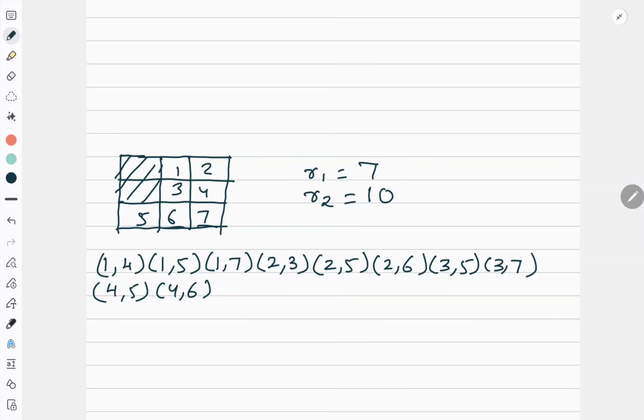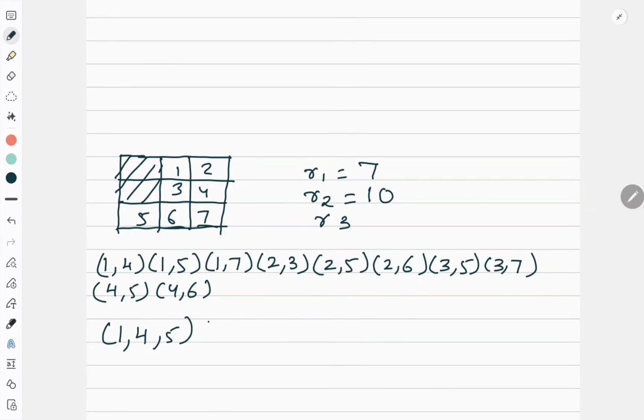Now let us see the other thing. R3. R3 means 3 pawns I have to place. Let me fix 1 first. Now with 1, 2 at any cost will not come. 3 will also not come. 4 can come. Now I should select in such a way that 1 and 4 should not capture that pawn. So 1, 4 I check, then go to 5.